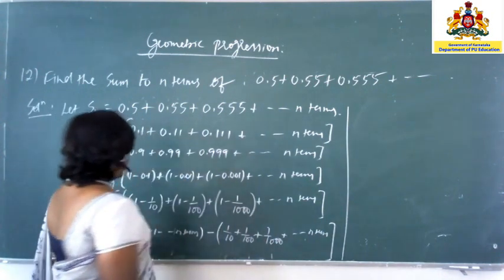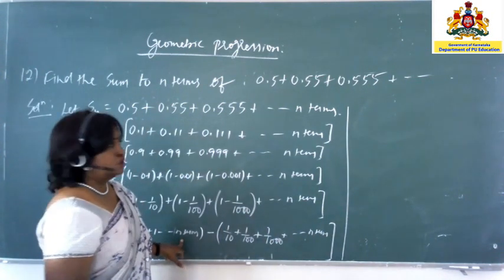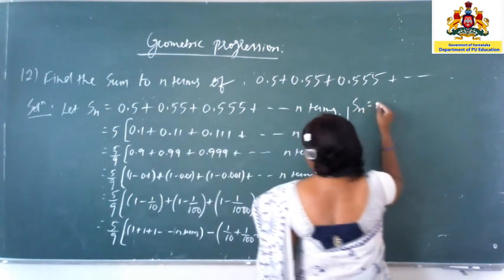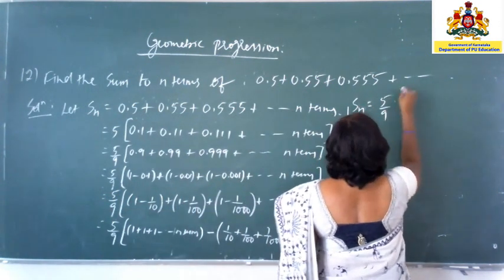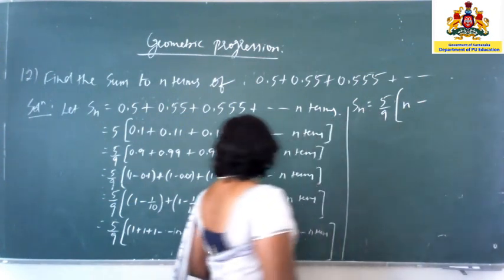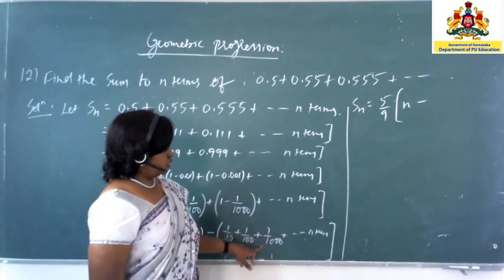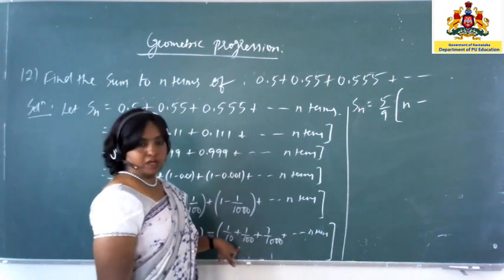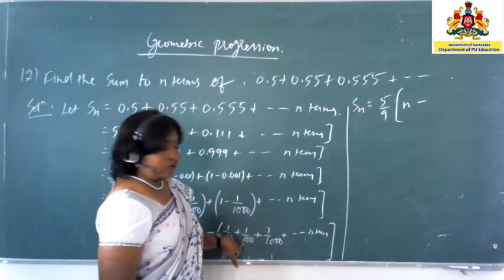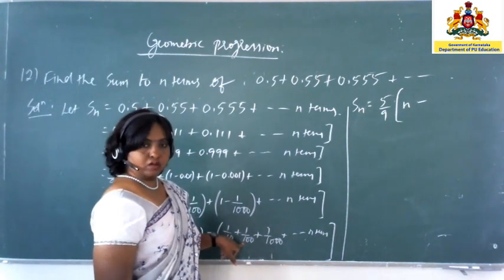So 1 plus 1 plus 1 so on up to n is n, as we discussed in the previous sum. So Sn is equal to 5 by 9 into n minus, and this 1 by 10 plus 1 by 100 plus 1 by 1000 so on up to n terms. This is in GP, where a is the first term, that is 1 by 10, and the common ratio is also equal to 1 by 10.